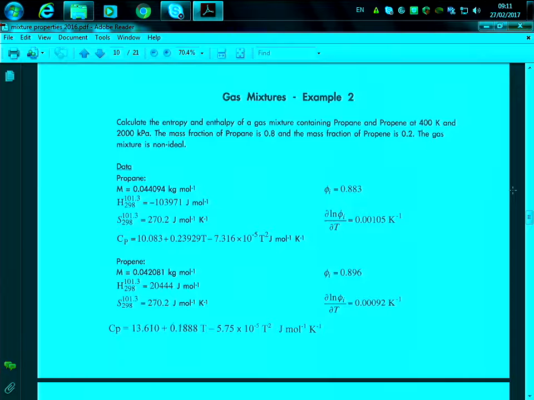Similar amounts. The properties of the fluid. The properties of the hydrocarbons, of the compounds.